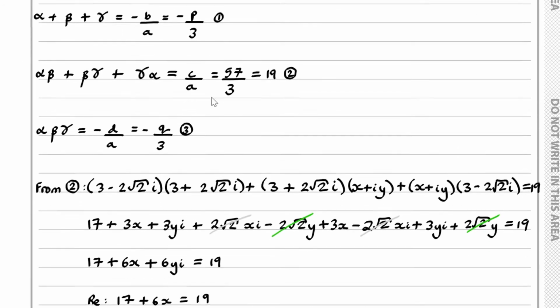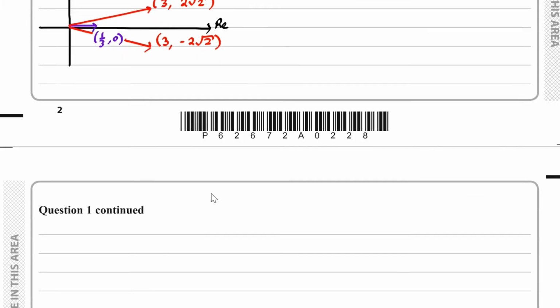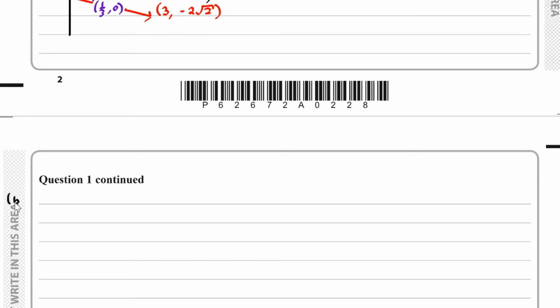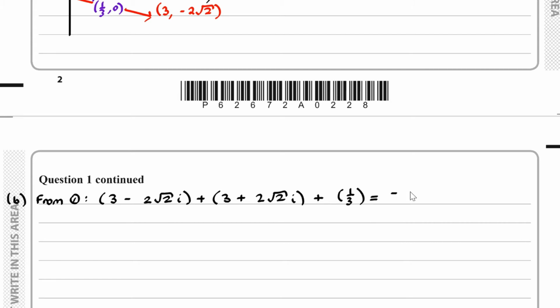So if we use equation 1, the sum of the roots, we've got 3 minus 2 root 2i plus 3 plus 2 root 2i. So we've got alpha, beta, and we've also got gamma, which is this 1/3. And all of this is equal to minus p over 3.